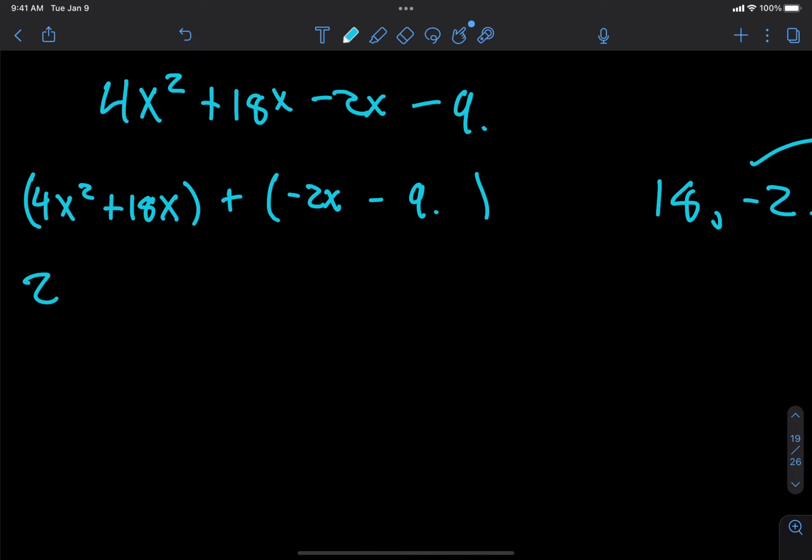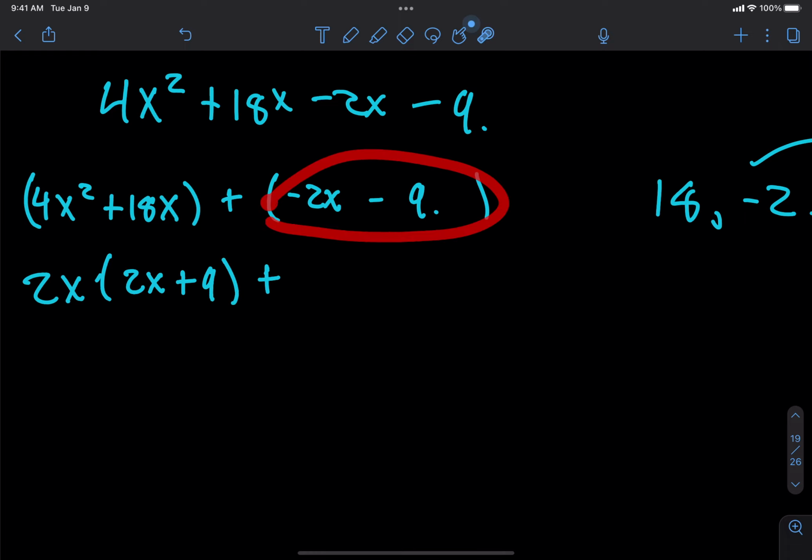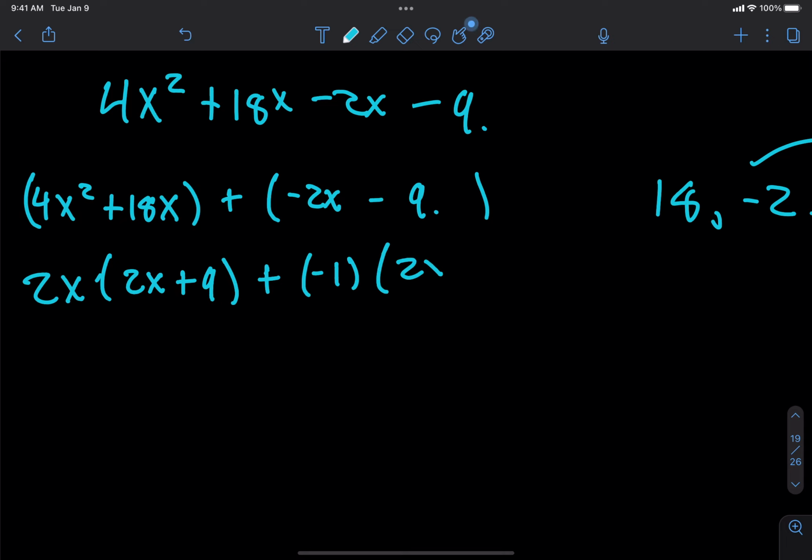I can take out a 2x, right? And then left inside, I'm going to have 2x plus 9, right? Okay, now let's do the same thing for the other one. What's the largest common factor between negative 2x and negative 9? I'm going to take out a negative 1. And then I'm left with 2x plus 9.